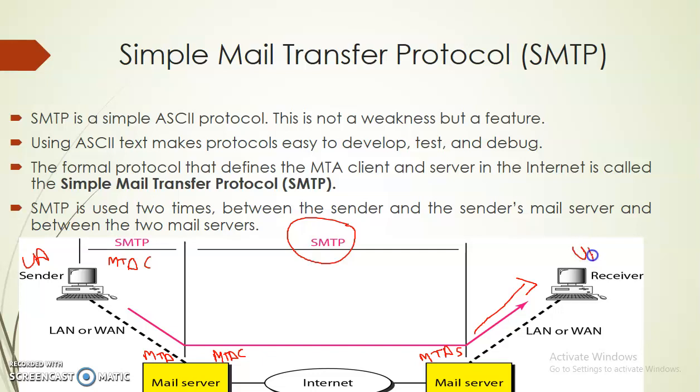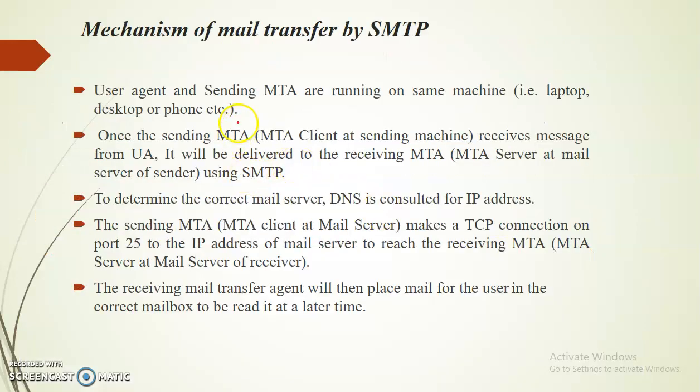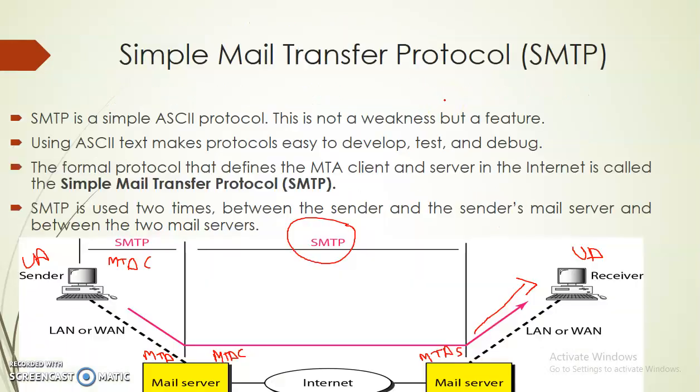Outlook works as an email agent or user agent on the system, and the sending MTA runs on the same machine. Obviously, on the sender machine we have one user agent and one MTA client running together. This MTA client will send the mail to the mail server, where it is received by the MTA server.